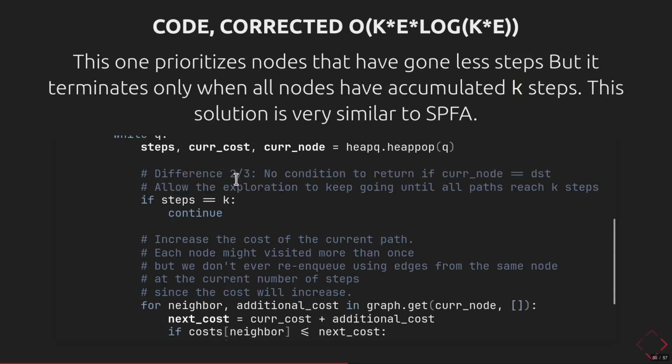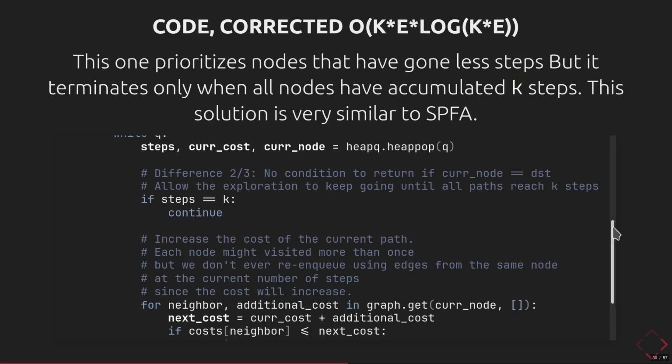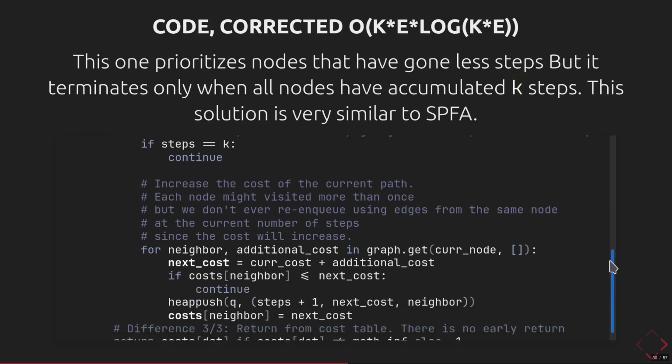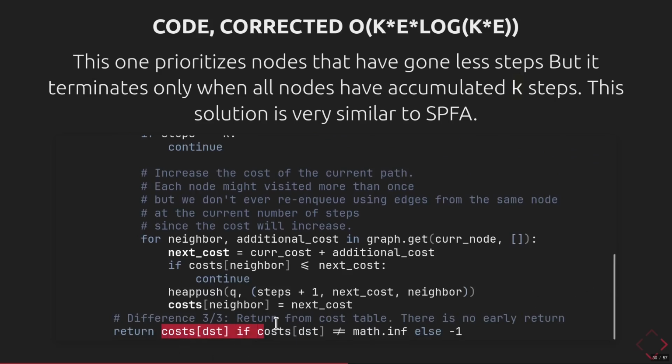Notice that another difference is that I don't have a condition to return once I have found the destination node, okay? This is very similar to SPFA, where we keep considering possibilities until the queue is actually exhausted, right? And then that difference is also reflected because I have to return the minimum cost at the end from the cost table.